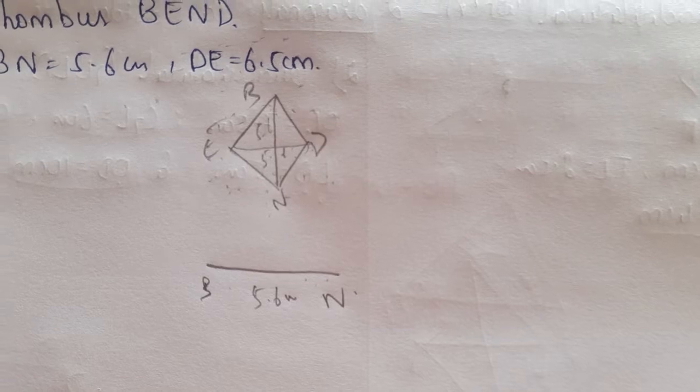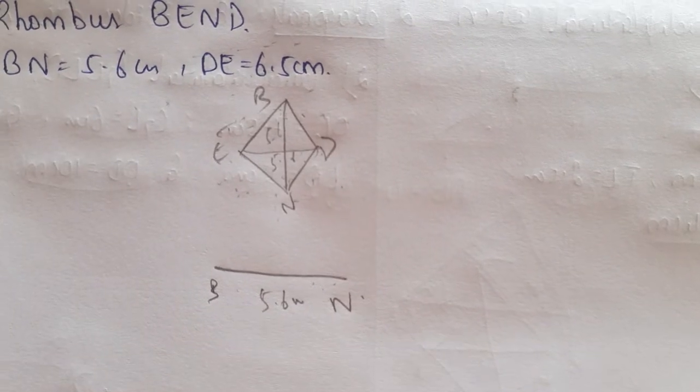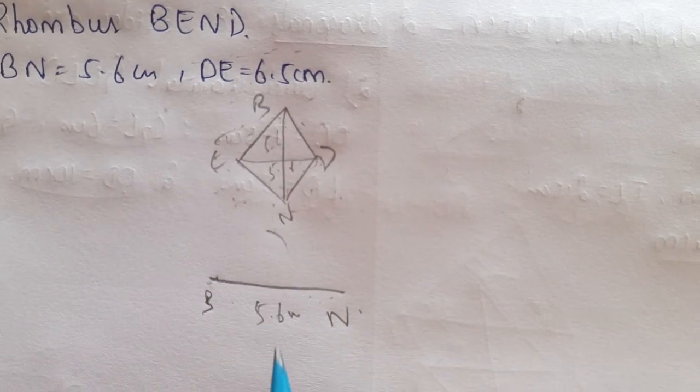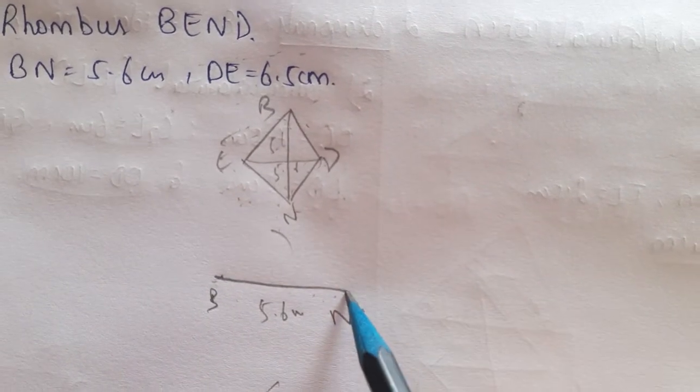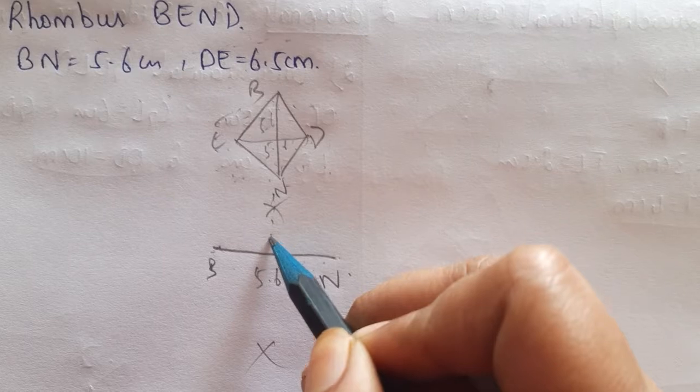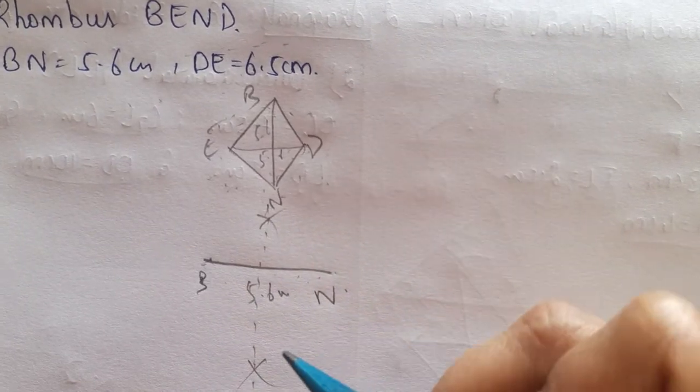I hope you know how to construct the perpendicular bisector. Simply keep the compass pointer at B, measure more than half, cut an arc above and below. Again with the same measurement, keep at N, more than half, cut an arc, and these two arcs will join now. Join them with the dotted line. So this becomes the perpendicular bisector.